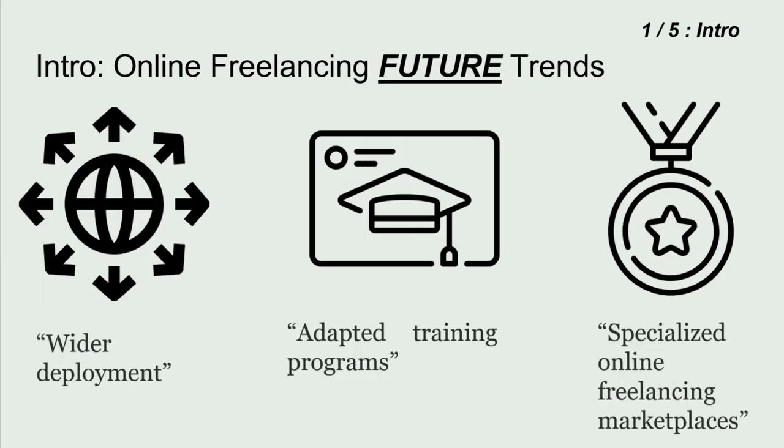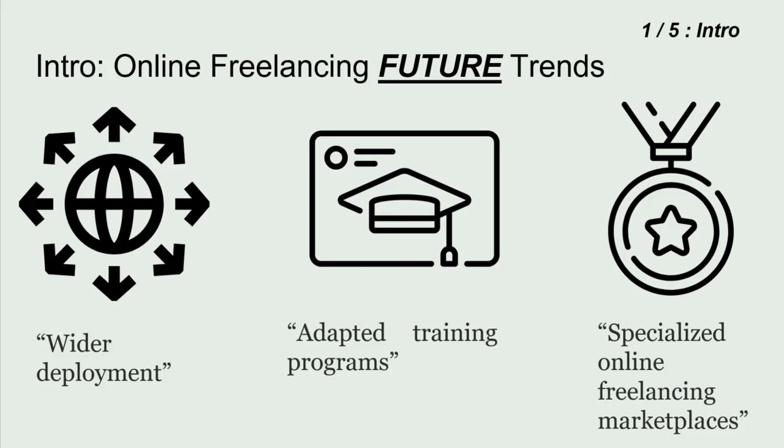The online freelancing future trends can be summarized into three main points. First is wider deployment. Indeed, even if online freelancing is still a relatively new field, all indicators show that it's following a considerable growth. More quantitative assessment regarding this statement will be shared in the upcoming sections.